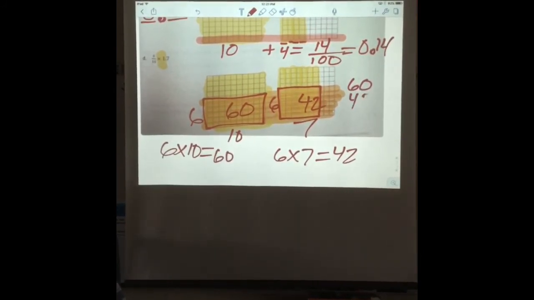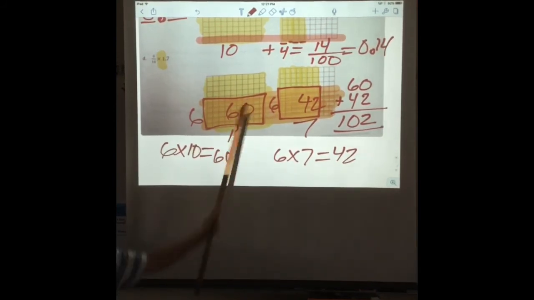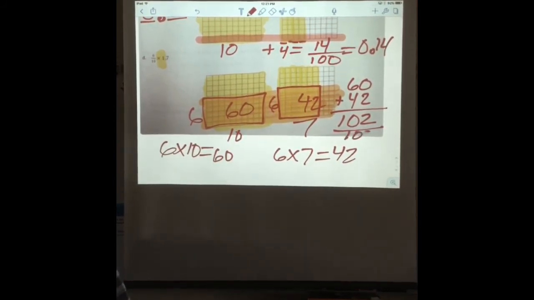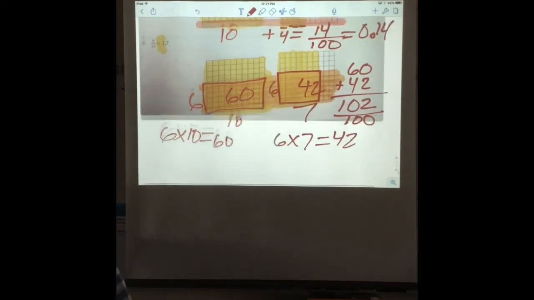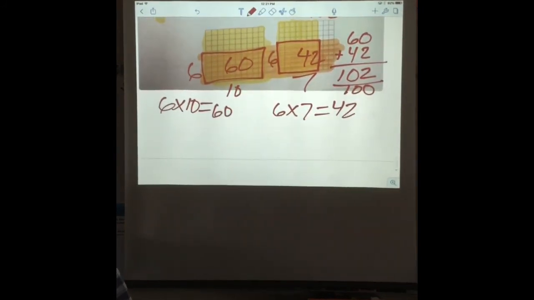60 and 42. That's going to give me 6 plus 4 is 10. So that's 102 over what? These are in hundreds, right? Over 100. Ooh, that's bigger, isn't it? So if I have 102 over 100, what does that equal?